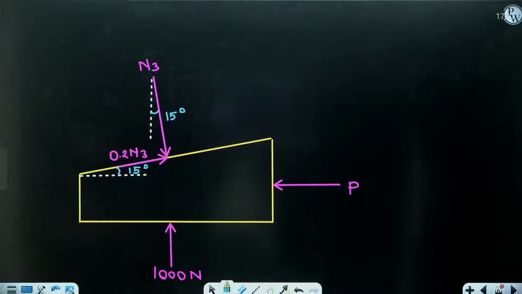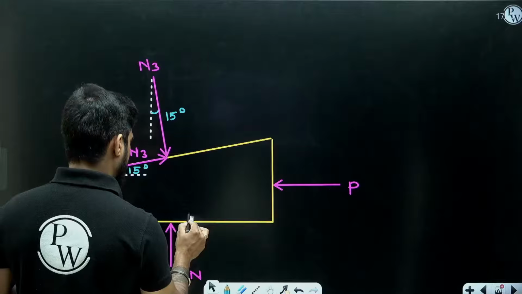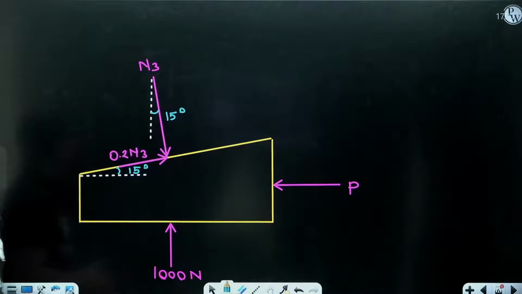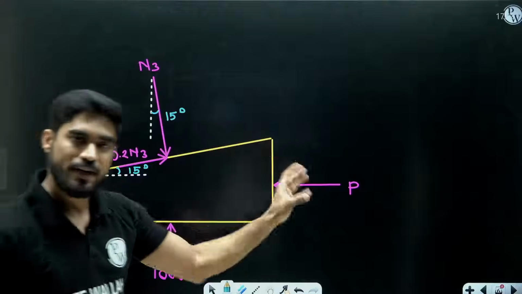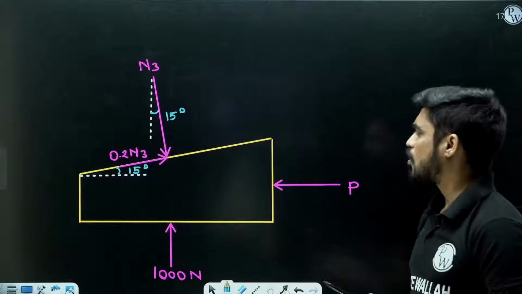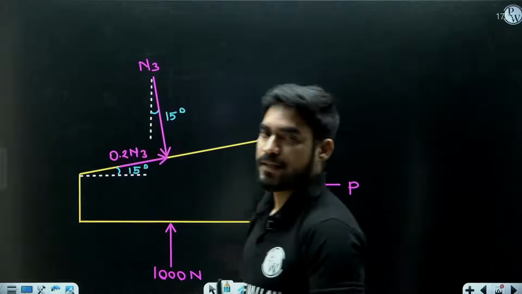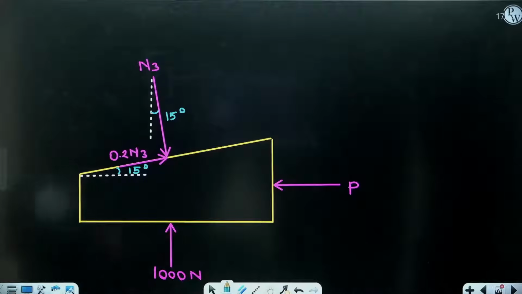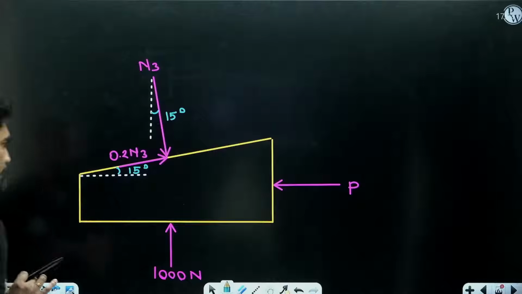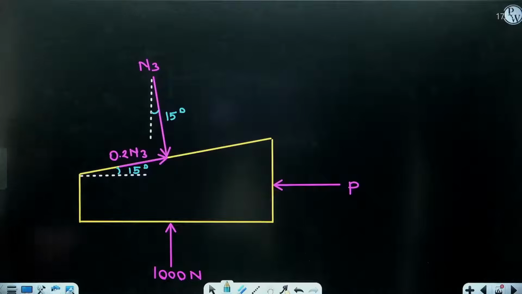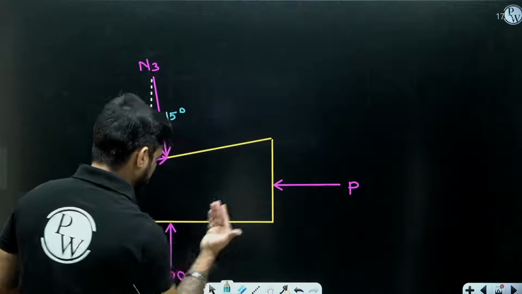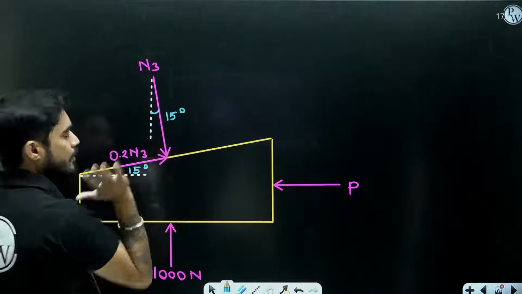Now understand. You have two choices here. You can either use summation of Fx equals 0 and summation of Fy equals 0 here, because there are only two unknowns, P and N3, which will give you the value of P. Or you can take the resultant of N3 and mu N3, and then apply Lami's theorem, because then there will be only three forces: P, 1000 Newton, and the resultant of N3 and mu N3.